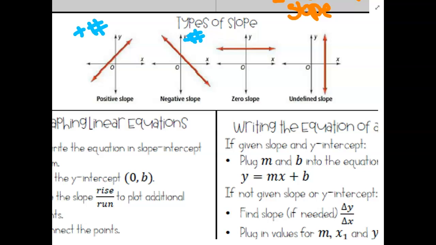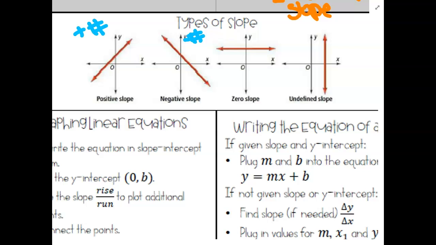And guess what? An undefined slope, look at the U. What does it have? Undefined slopes on it. Isn't that convenient? You guys see it? Okay? So a zero slope, think about the Z's. Undefined slope, think about the U's. Okay. So I think that was a little easier to remember.